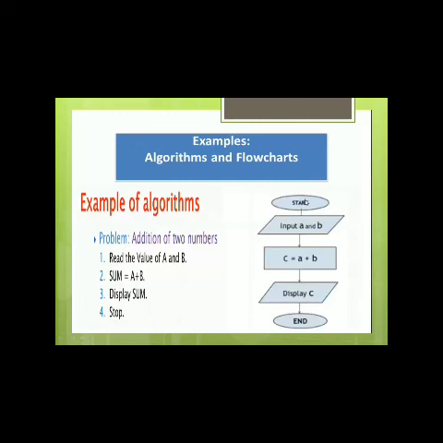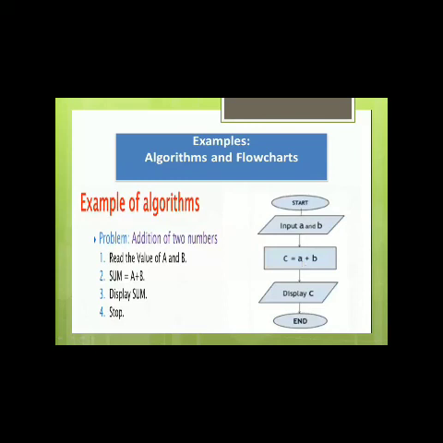First is the start box, that is the oval box. Then the second step is to take the input or to read the input. So here you can take input A and B or read A and B. Then next is the process box, which is a rectangle box.